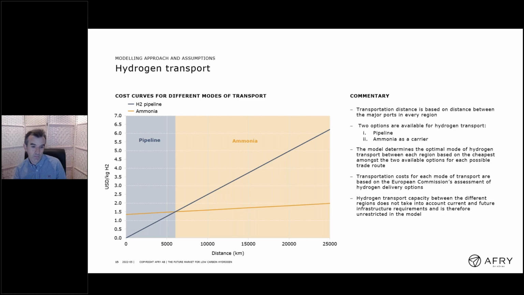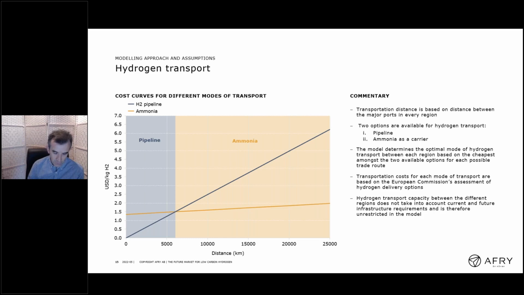We reflect the pipeline costs of moving hydrogen, and then for longer distances, from the Middle East to Europe, or to Japan, or from Australia to South Korea, or from Chile to Europe, for example, we assume a cost that reflects the cost of conversion and reconversion from ammonia based on this chart, and the cost is a function of the distance between a key port in each of the regions.